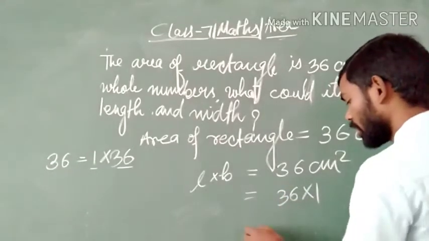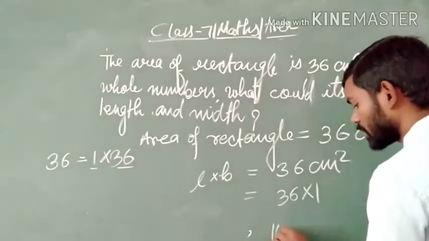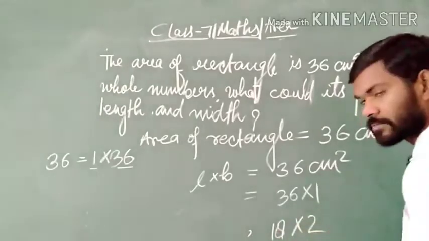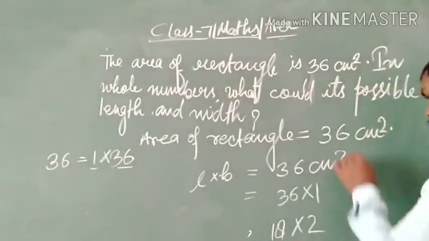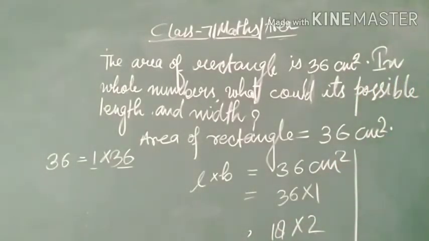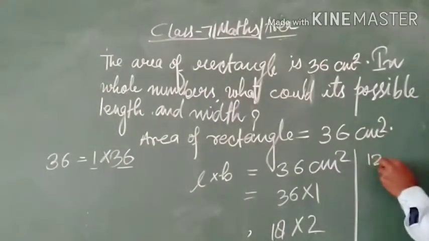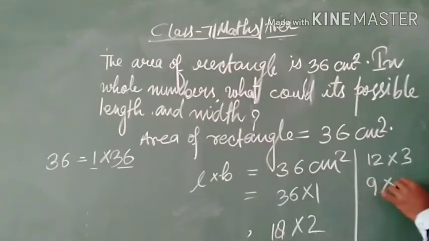Similarly, it can also be written as 18 into 2, 12 into 3, similarly 9 into 4, and 6 into 6. But 6 into 6 is not counted because it makes a square.